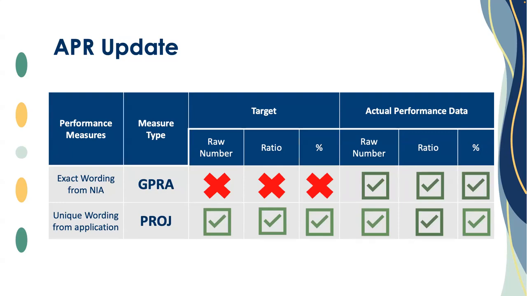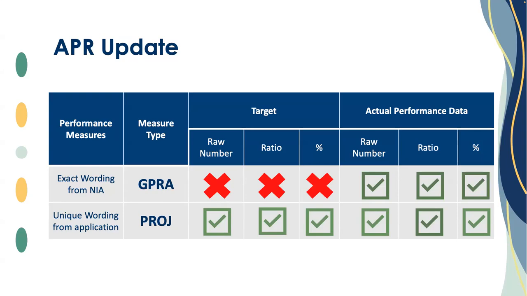Now, I know this graphic shows you putting data in all three, but really you only need one of the three. If your GEPRA measure was written to say the number of teachers, then you would put it in the raw number box.